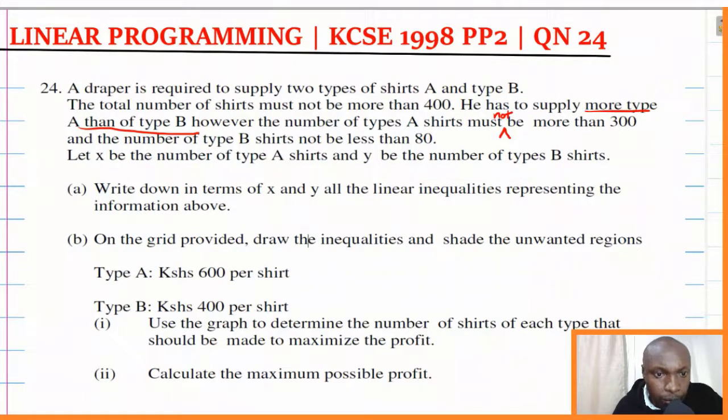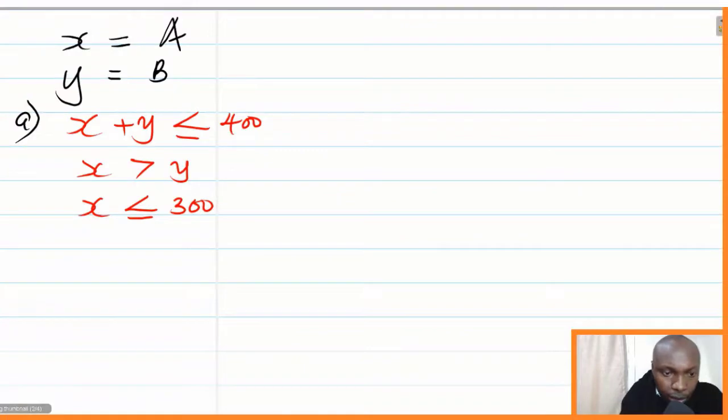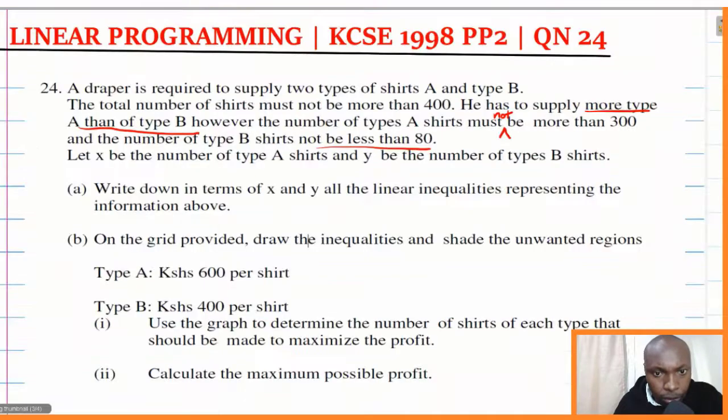And then the number of type B shirts should not be less than 80. So type B is Y. That one should not be less than 80.